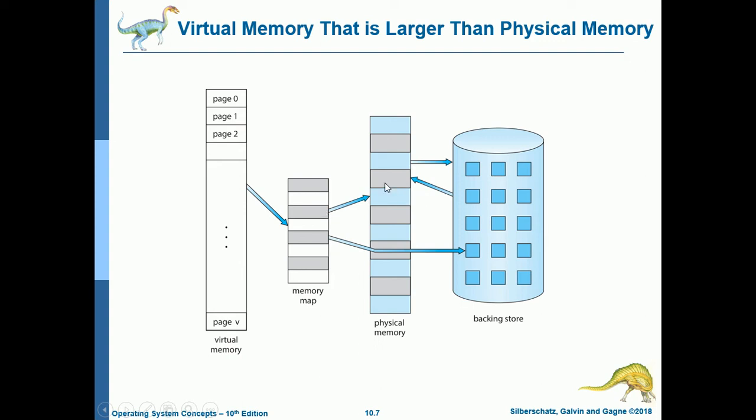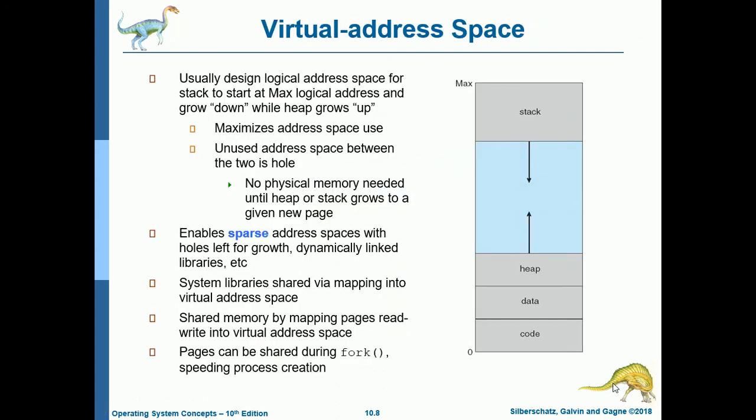The memory map is connected to the backing store, and the physical memory is also connected to the backing store. As for the virtual address space, we usually design the logical address space for the stack to start at the max logical address and grow down.